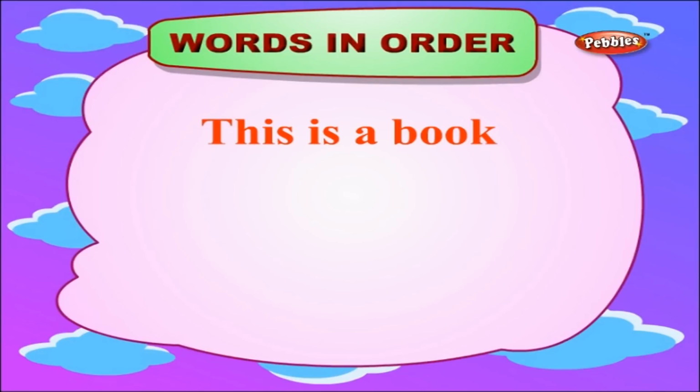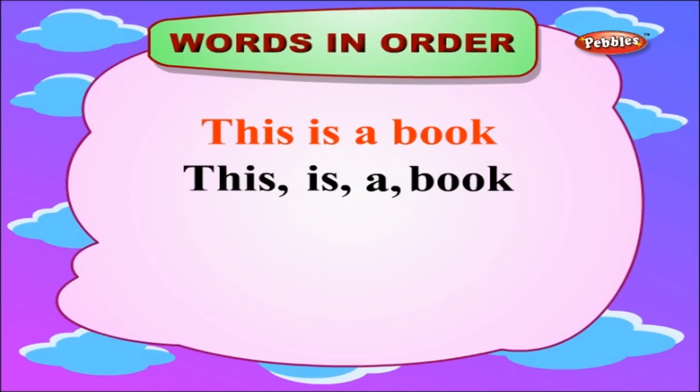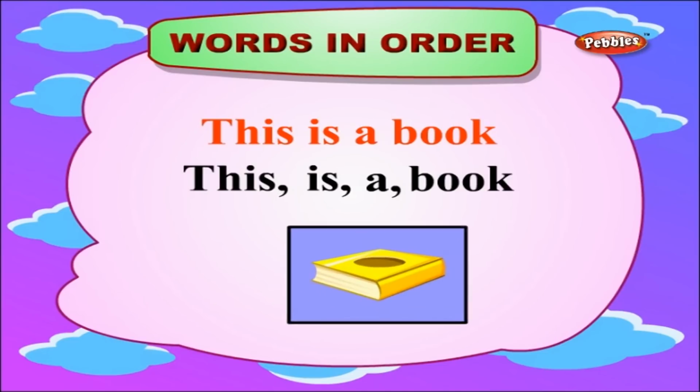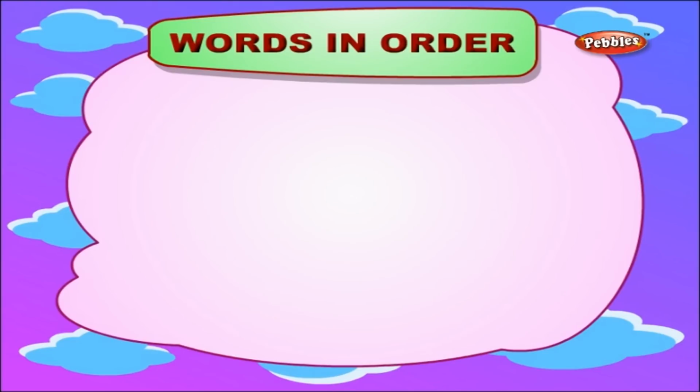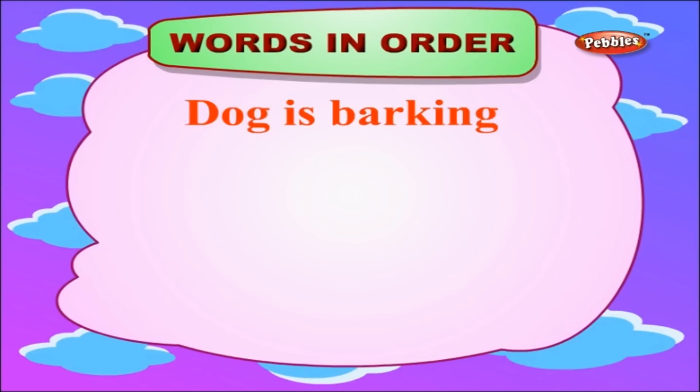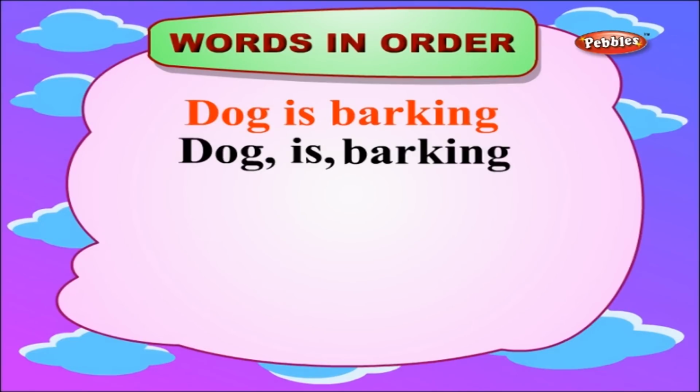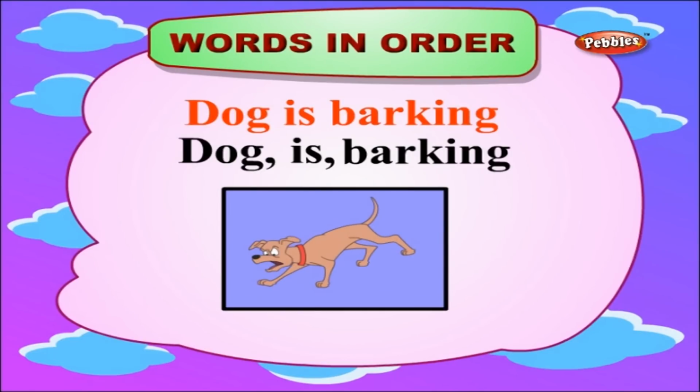This is a book. All are separate words, but when they are properly arranged, they give us a meaning. Dog is barking. All are separate words, but when they are arranged in proper order, they form a sentence.